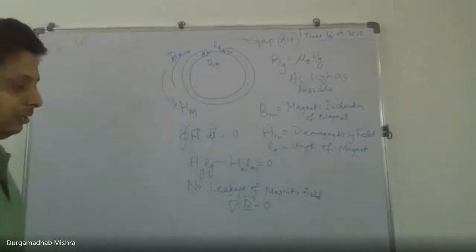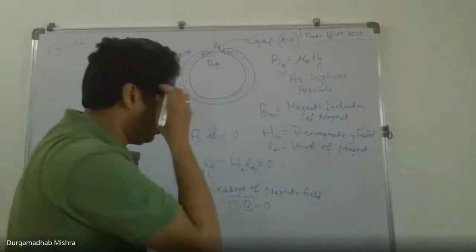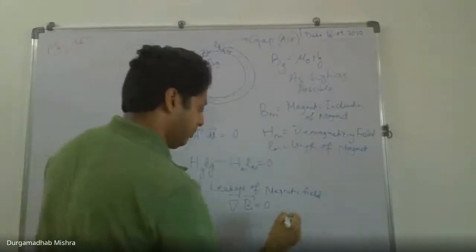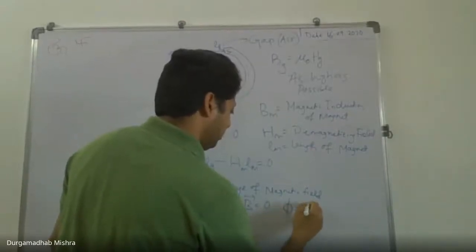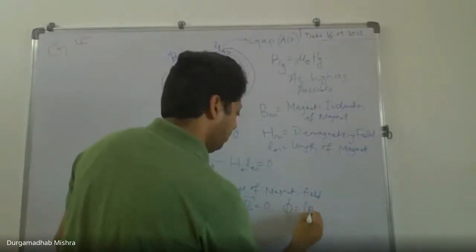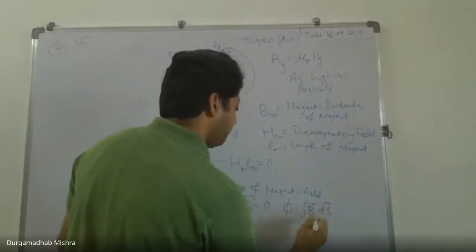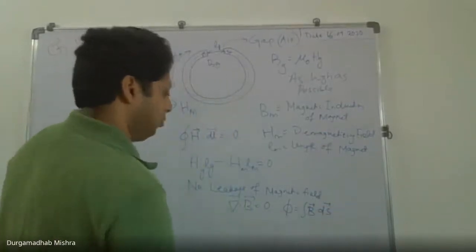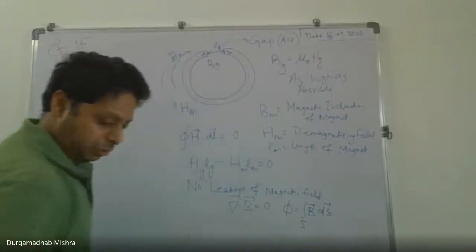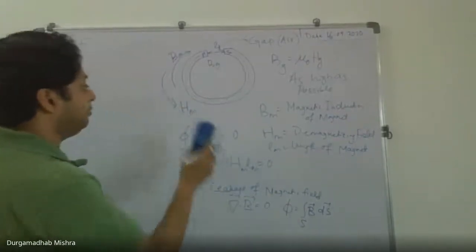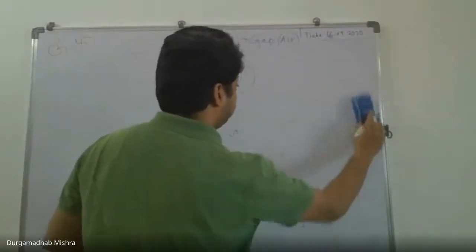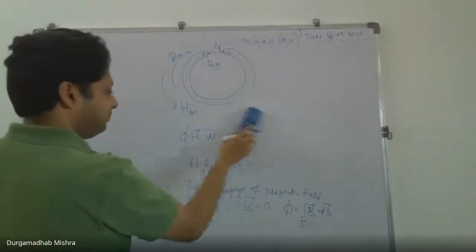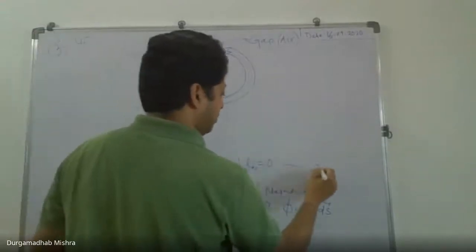So the flux is constant, the surface integral of B dot dS. Let's say this is our equation 1.